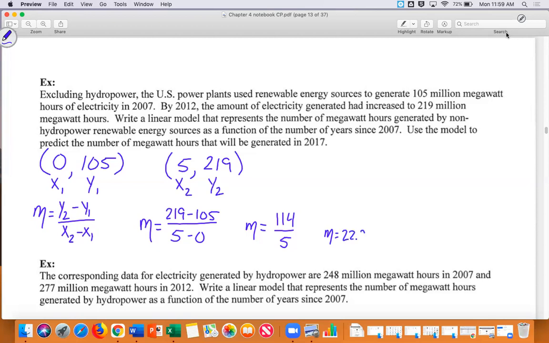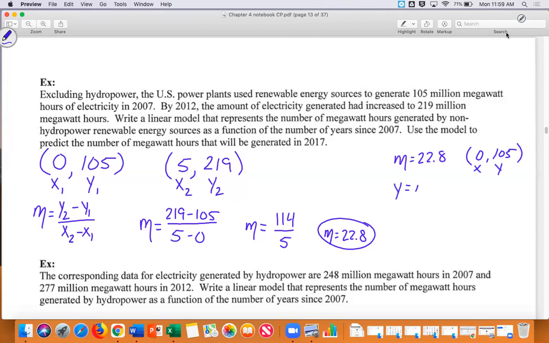22.8. So what this tells me is that each year, the electricity generated by renewable energy sources is going up by 22.8 megawatt hours. So I'm going to take m equals 22.8, and my point (0, 105), and I'm going to label it.